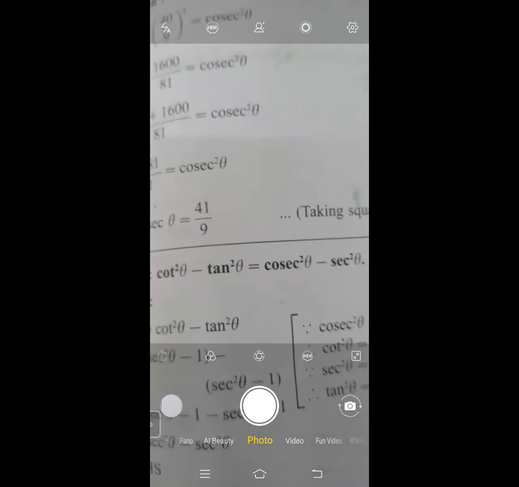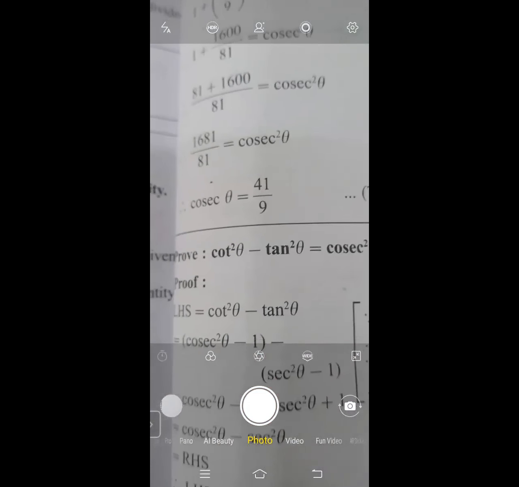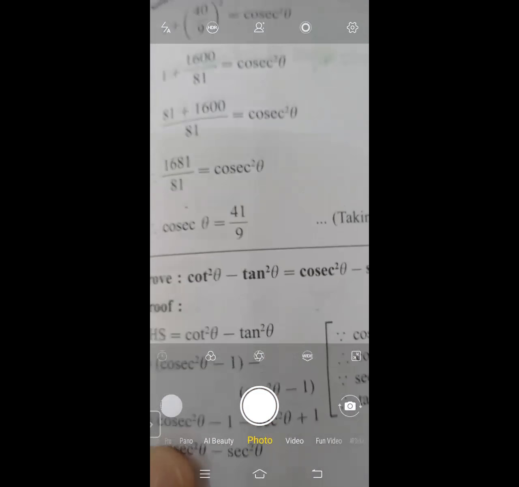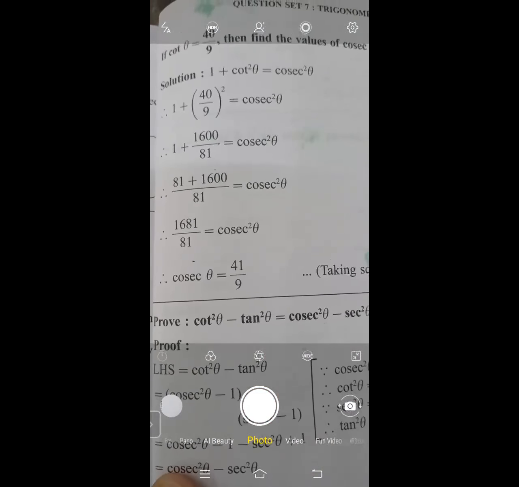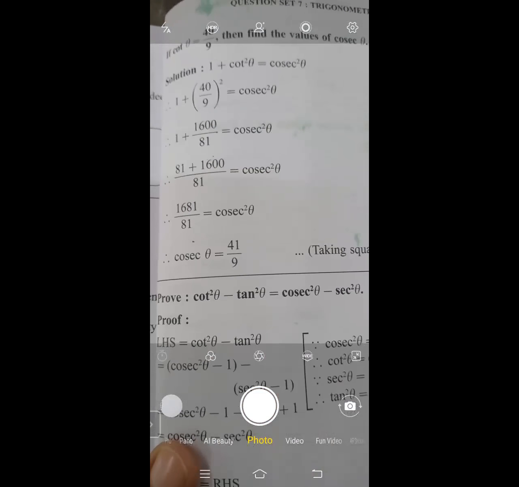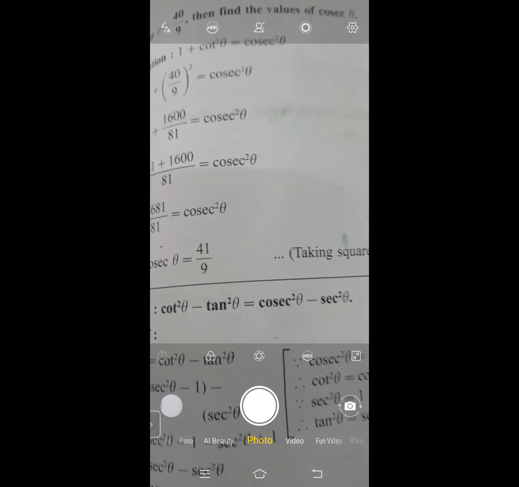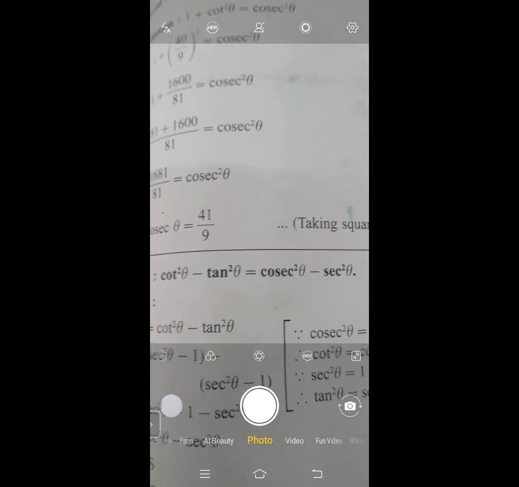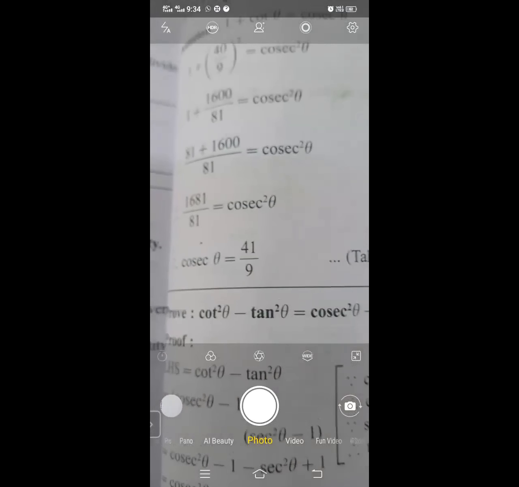Okay, so the square root of 1681 is 41, and the square root of 81 is 9. So you can see that we have computed this value very easily just by using one identity, that is 1 plus cot square theta equals cosec square theta.